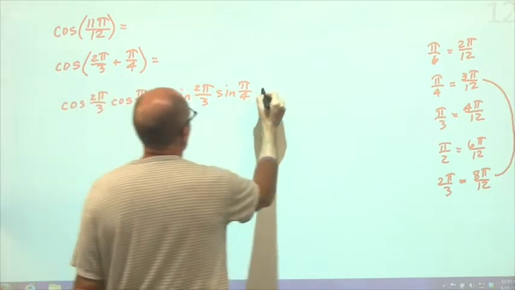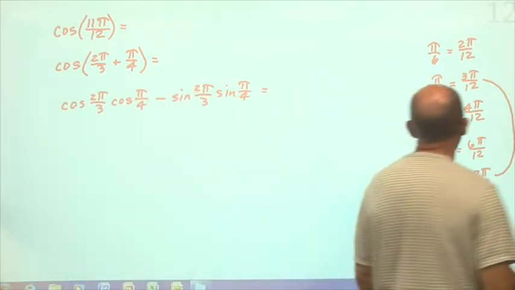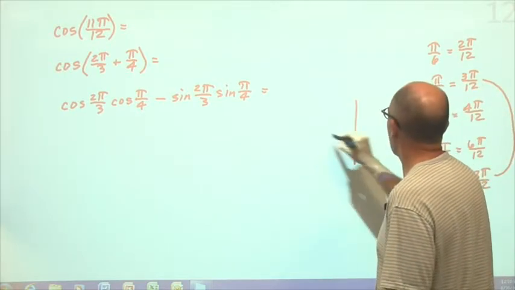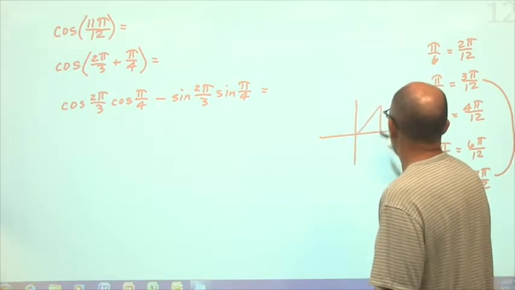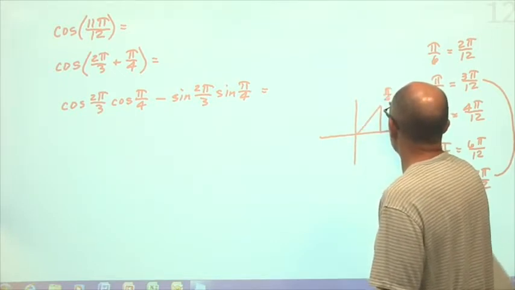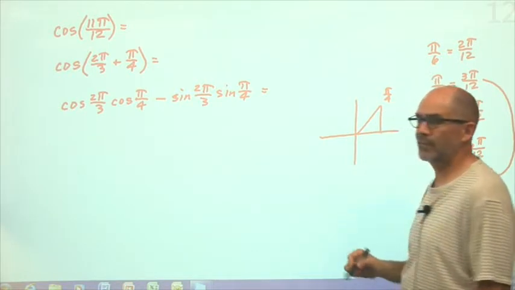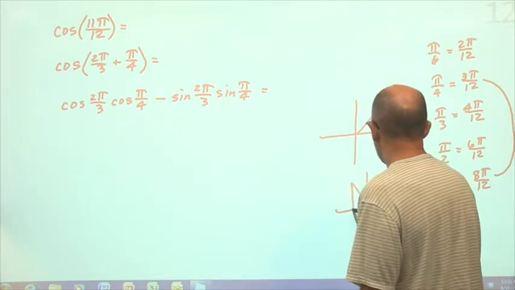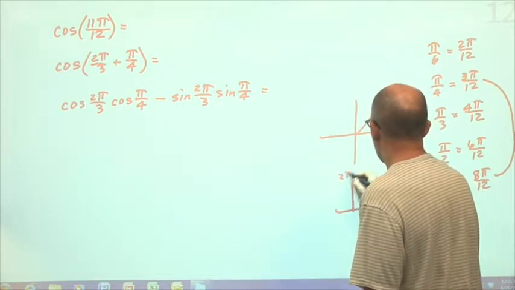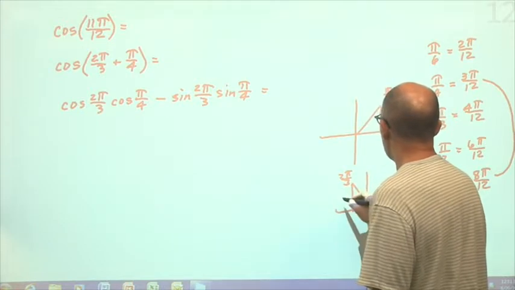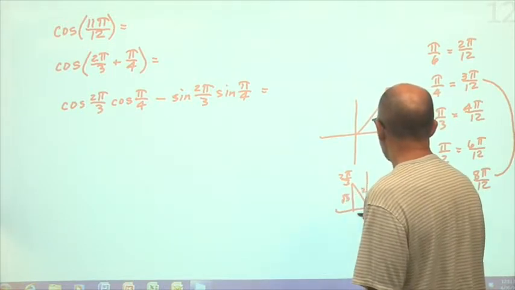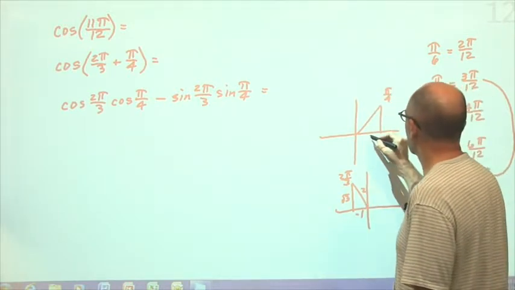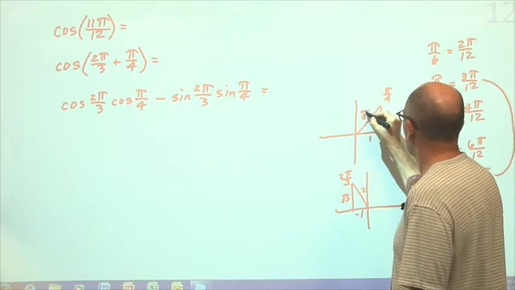Okay, so now all we have to do is figure out what sine and cosine of these angles are. So here's my pi over 4. I know that sine and cosine of this angle are both going to be square root 2 over 2. And 2 pi over 3 is up here. So sine is square root 3 over 2, and cosine is negative 1/2. So let's plug those in.